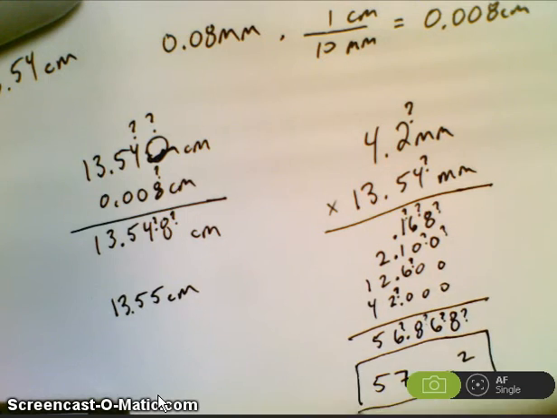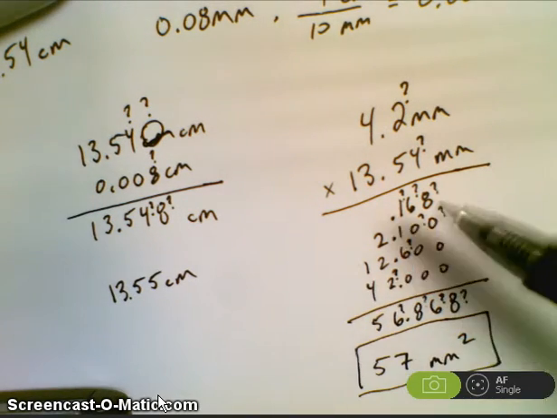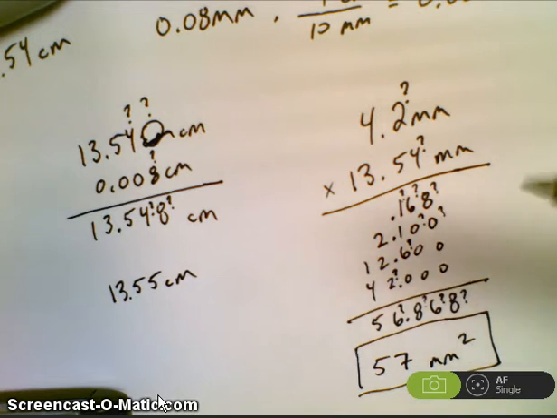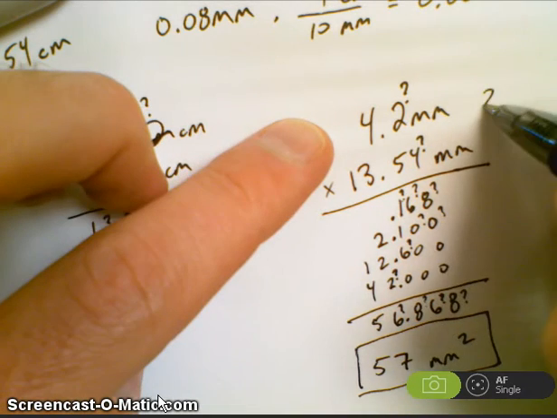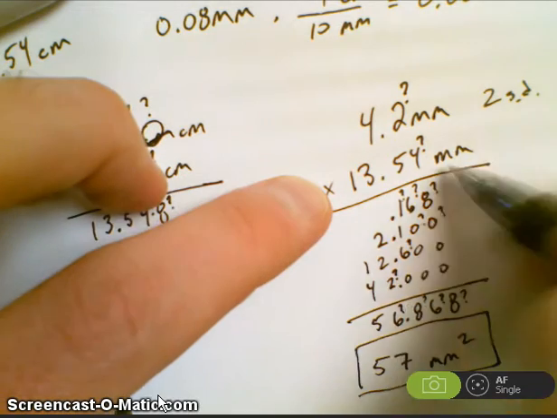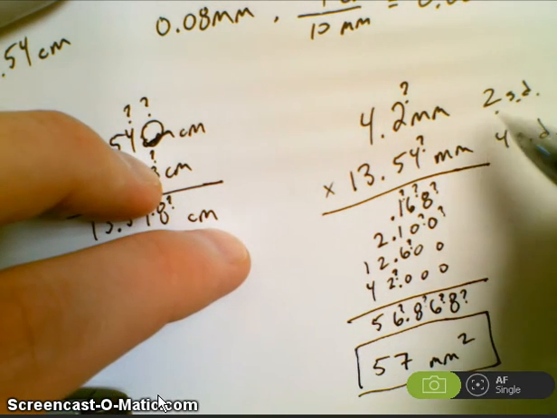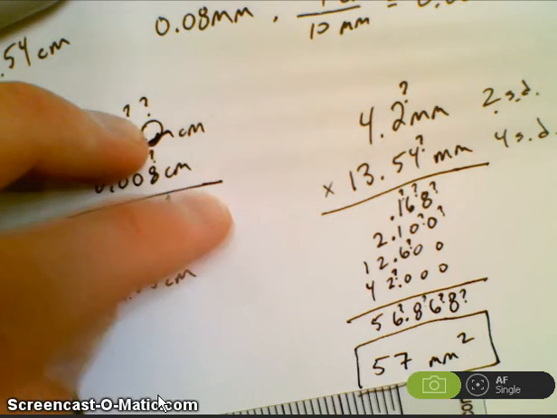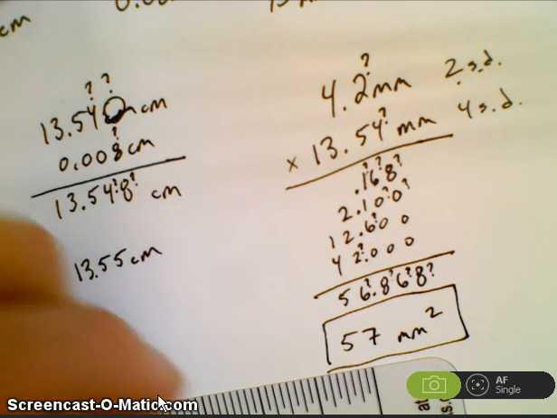But the multiplication rule is just the addition rule in terms of its function, but it's a quick way to do it. So we look at the number of digits. This first number has 2 significant digits, and this number has 4 significant digits, so we go by the least number, which is 2, and if you notice here, that is correct. Our answer came out to be 2 significant digits.